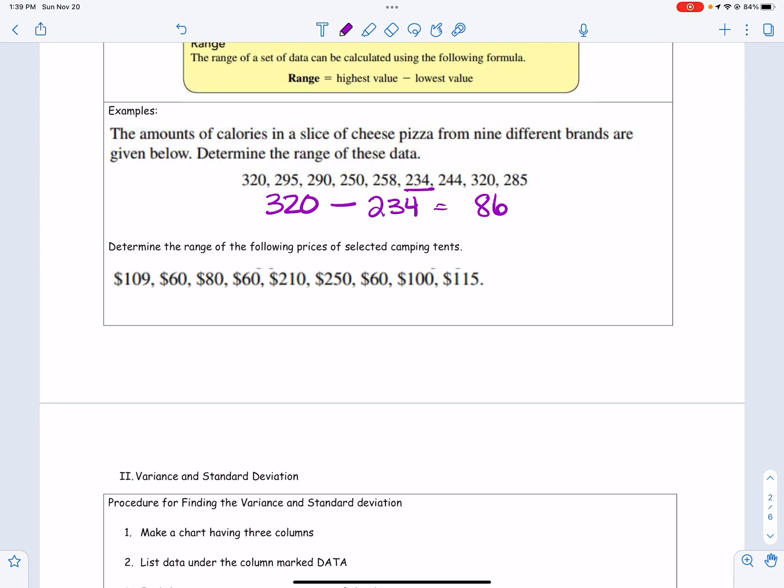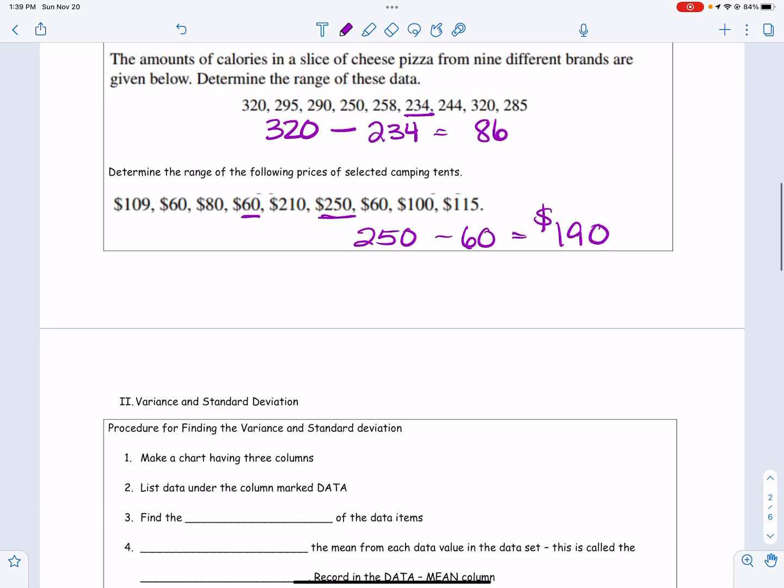Then if we're looking for the range of camping tents, the lowest appears to be 60, and the highest appears to be 250. So 250 minus 60 is $190, okay?